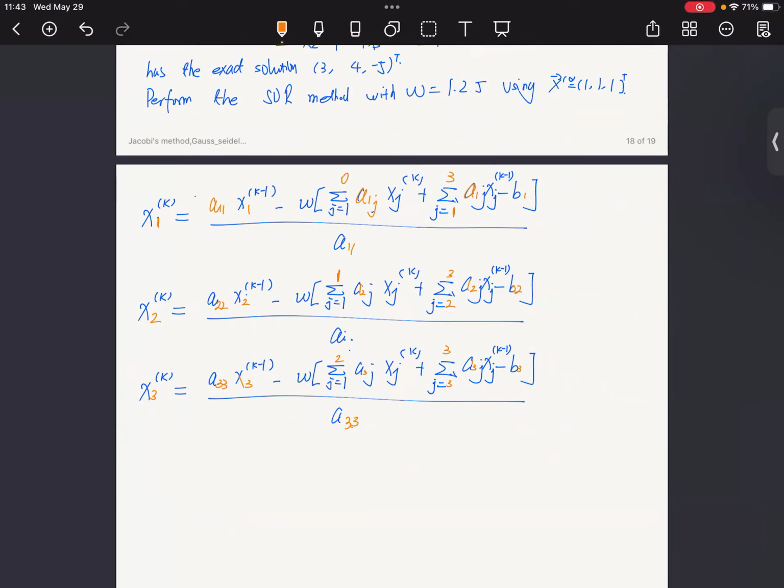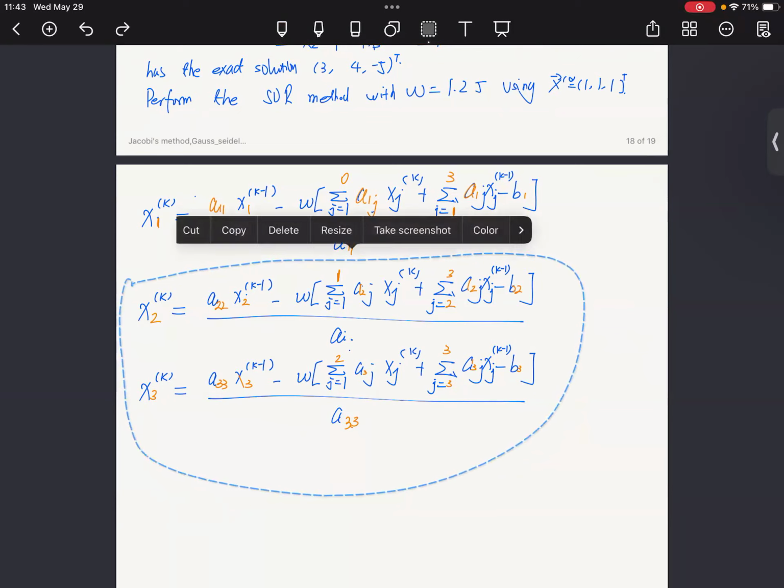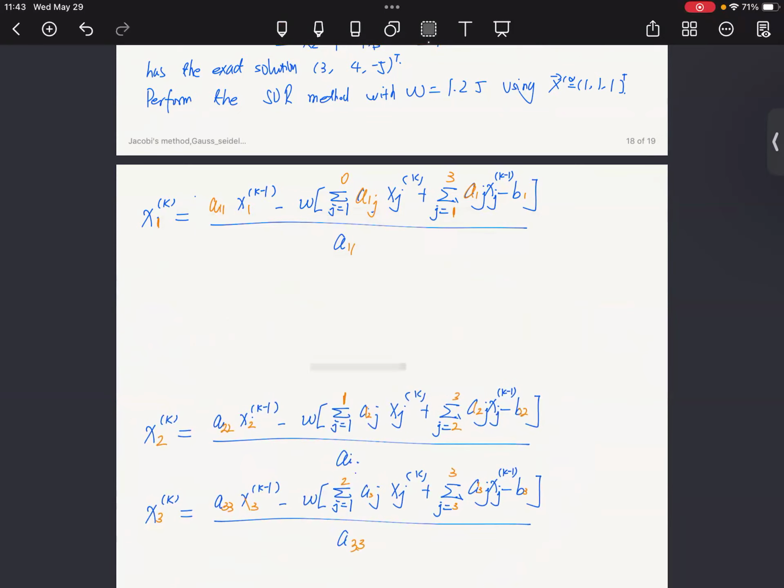We just changed all the indices here, but there's nothing about the equations yet. We need to substitute the values into this equation, right? So let's do the concrete, detailed substitution here. Let me move the things down.